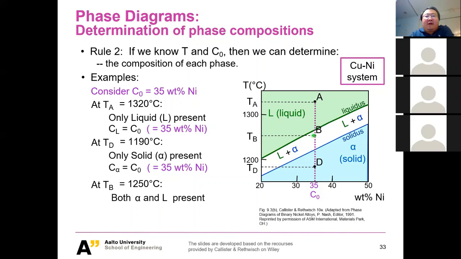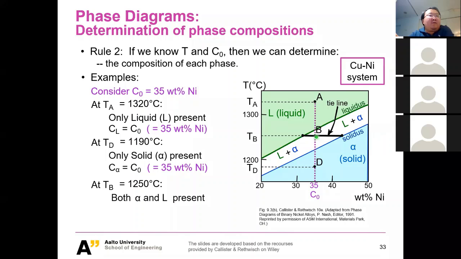What is interesting is point B. When you have the temperature at 1250, you have both alpha and L, liquid and solid. What are they? One is liquid and the other is solid, but you don't know their compositions.